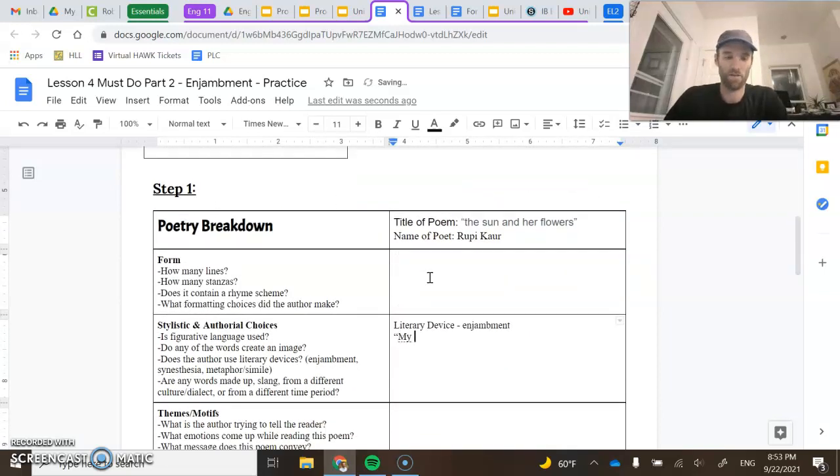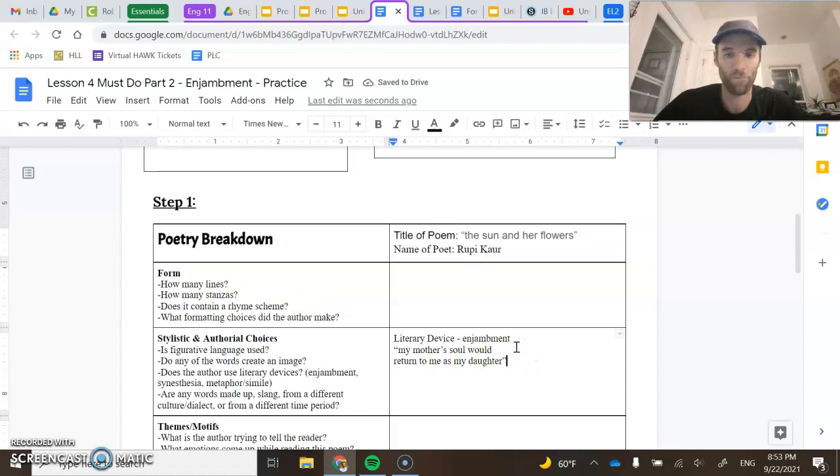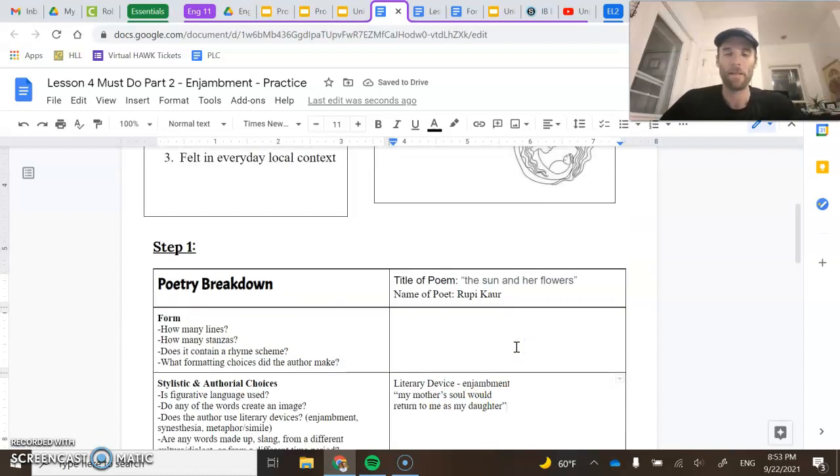Oops, I shouldn't capitalize. Okay. And whenever I quote, make sure it's an exact copy of what she wrote. Okay, so enjambment there.